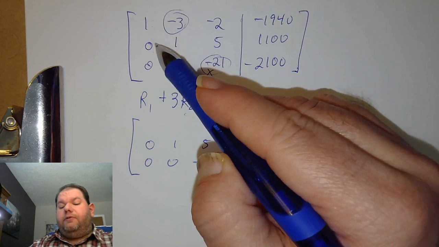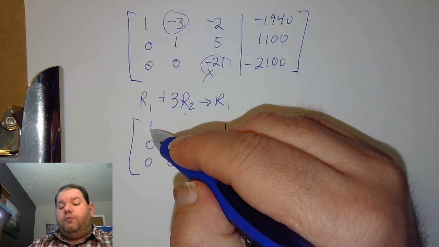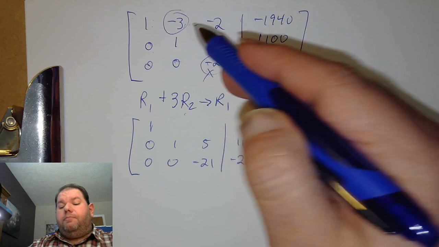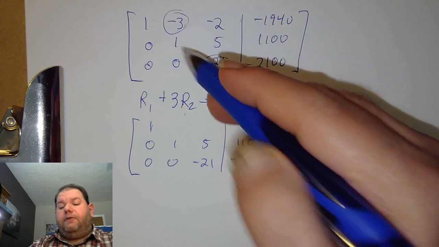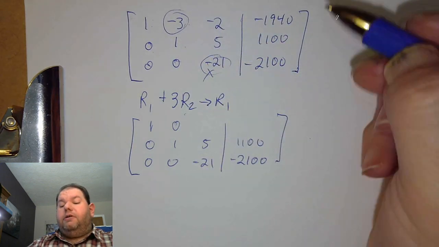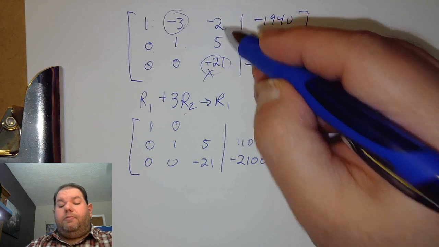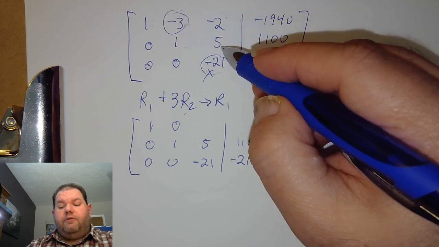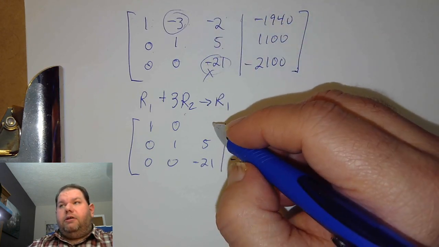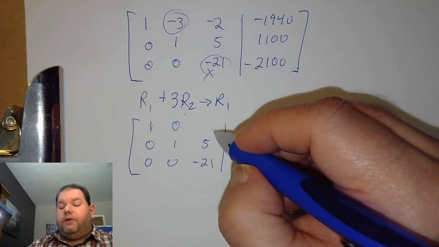So 1 plus 3 times 0, 1. Negative 3 plus 3 times 1, negative 3 plus 3 is 0. Negative 2 plus 3 times 5, negative 2 plus 15, 13.